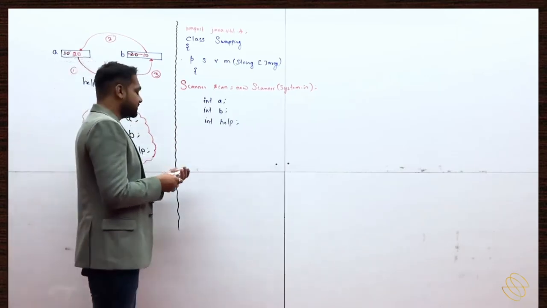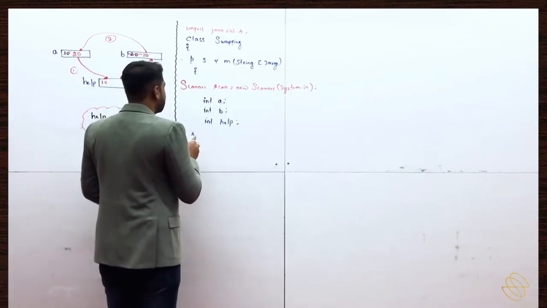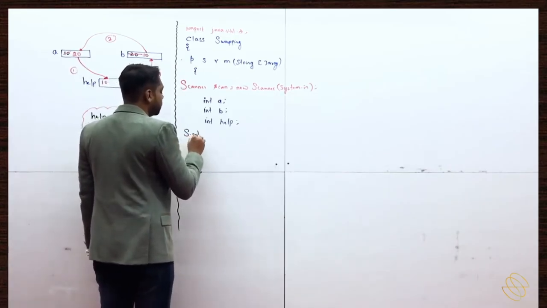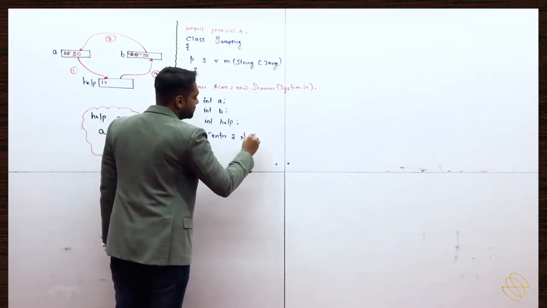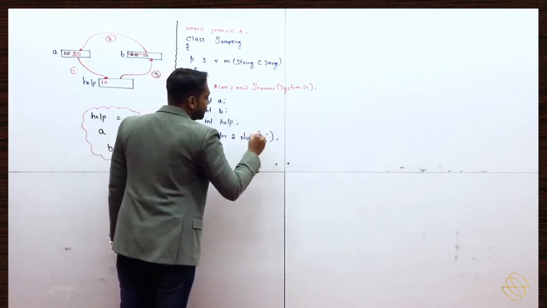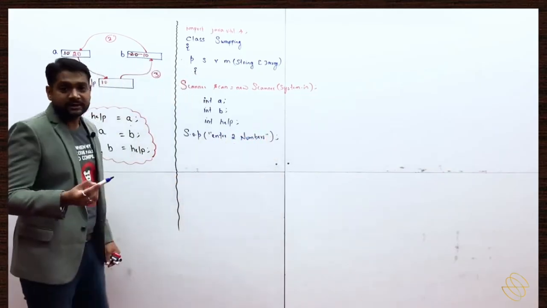Next I will ask the user, enter two numbers: System.out.println, enter two numbers. By seeing this message, user will enter two numbers.